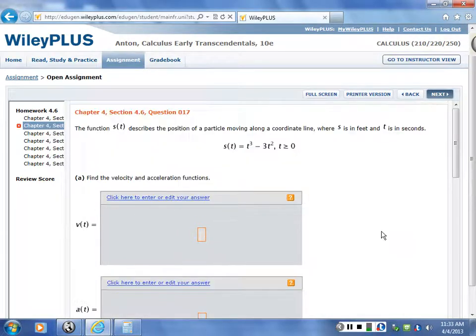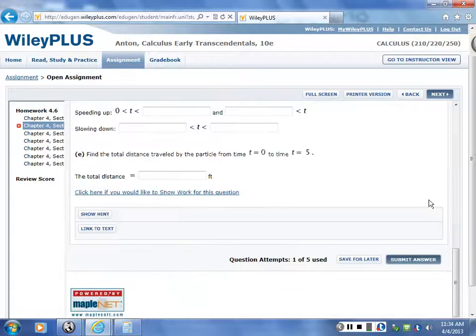So given we're looking for the total distance traveled for the function t cubed minus 3t squared. This is the same one that we had in class, I think. And we want to see that from 0 to 5.